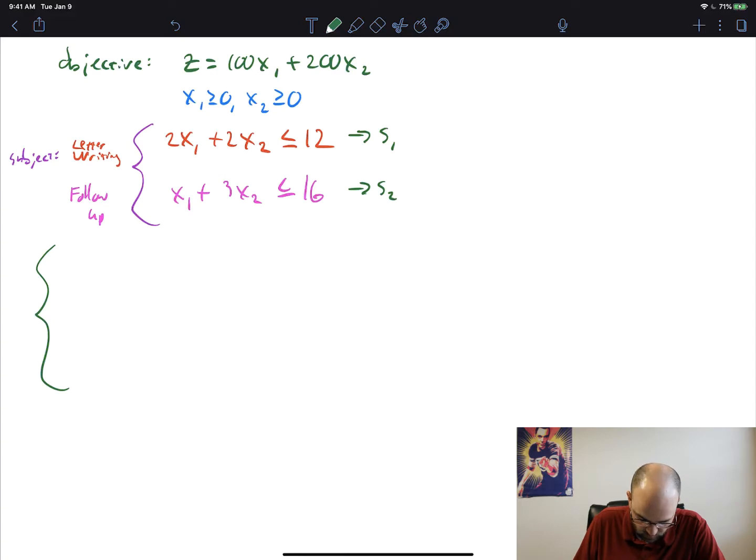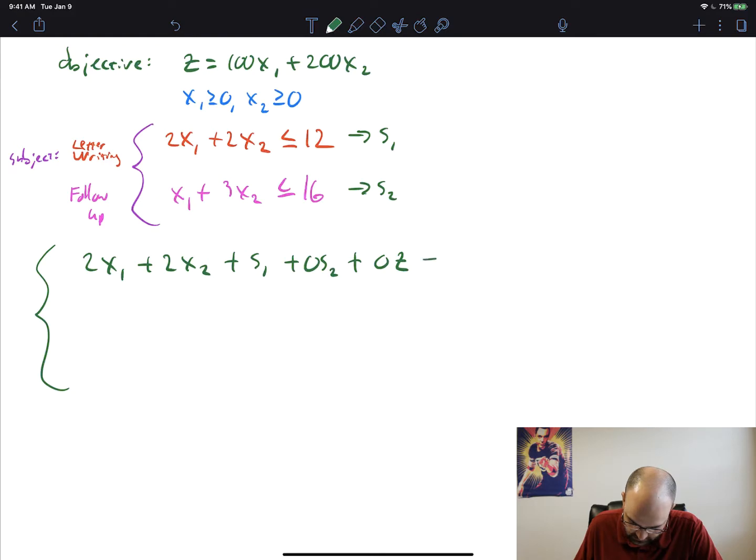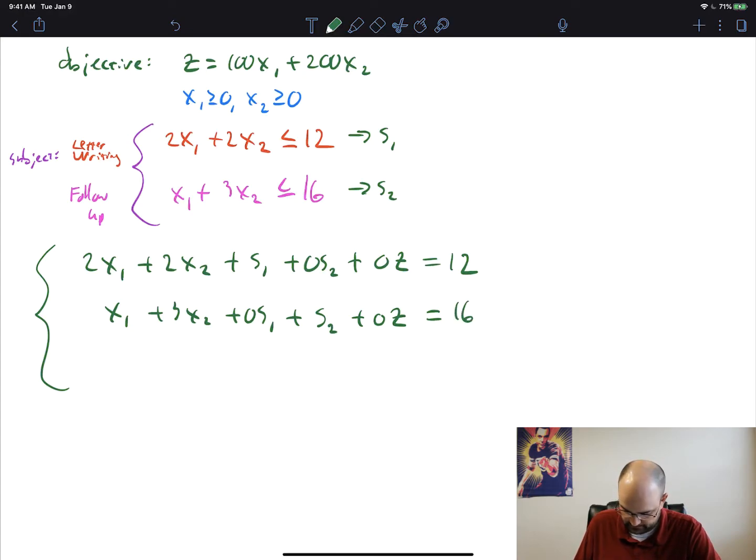So our system will be this: 2x1 plus 2x2 plus s1 plus 0s2 plus 0z is equal to 12. Then we have x1 plus 3x2 plus 0s1 plus s2 plus 0z is equal to 16.